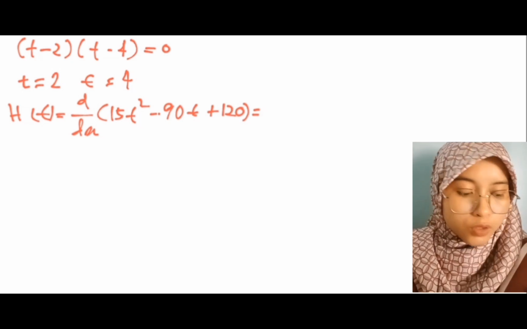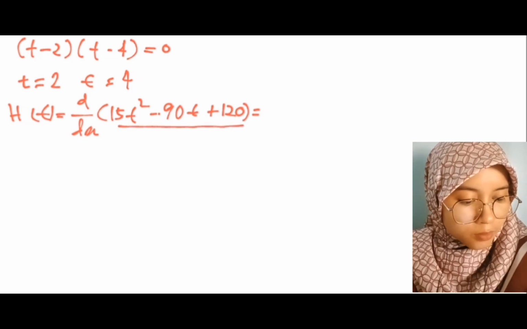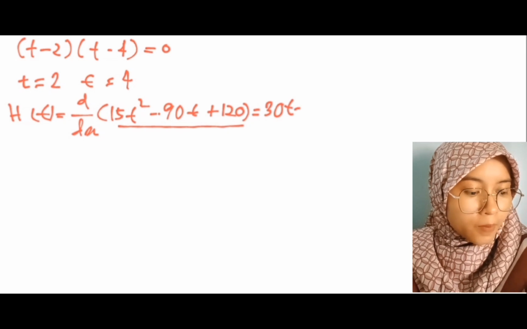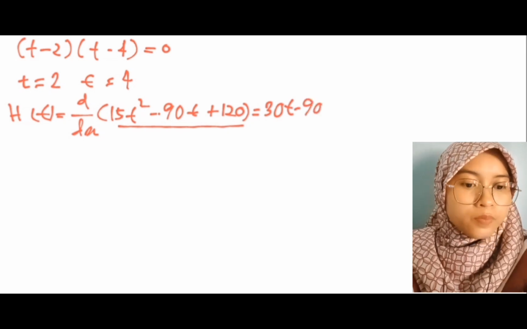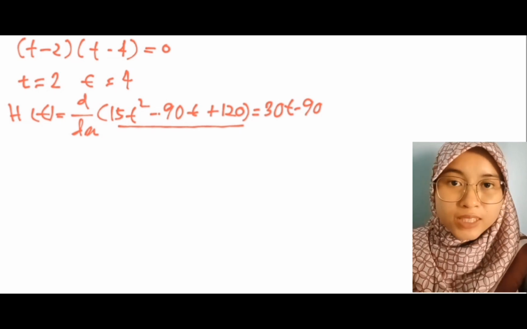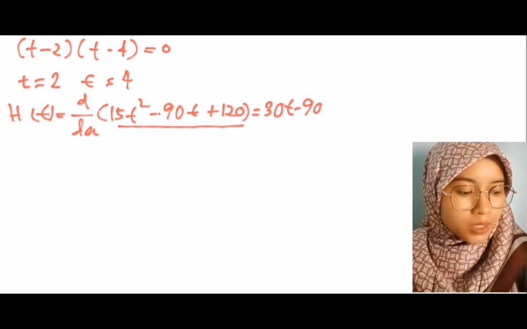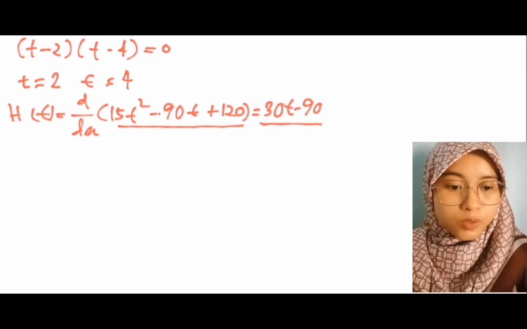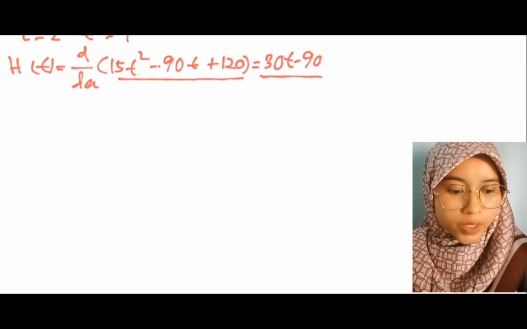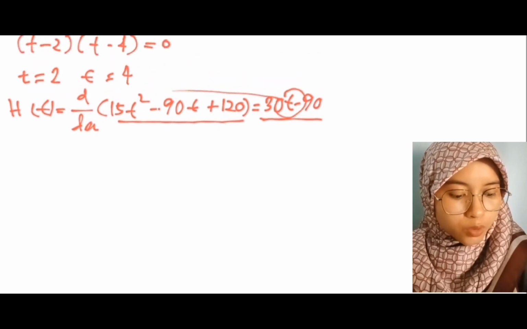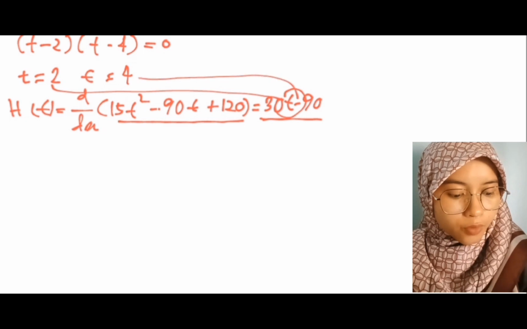Then the answer is 30t minus 90. Next, step number 4, we need to evaluate the second derivative at the critical points. So what we need to do is change t to 2 and 4.